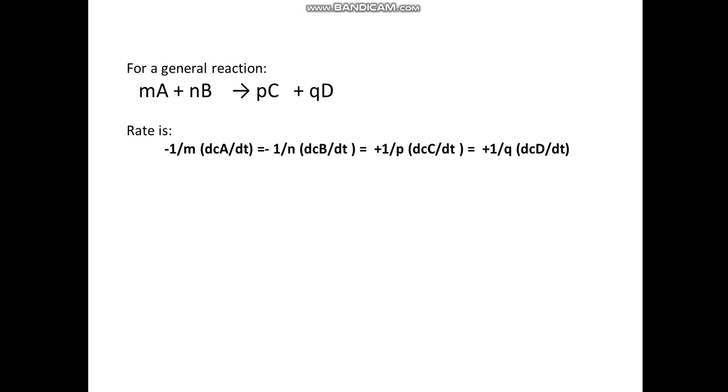For a general reaction, Ma plus Nb giving Pc plus Qd, the rate is minus 1 by M dCA by dt, equal to minus 1 by N dCB by dt, equal to plus 1 by P dCC by dt, equal to plus 1 by Q dCD by dt.